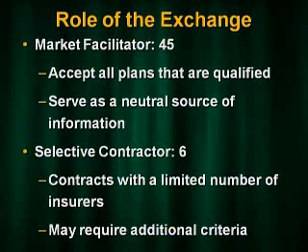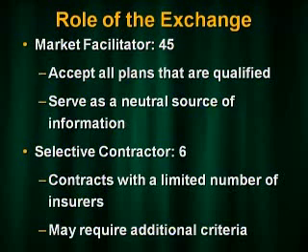So they're offering the essential benefits, they're meeting the definition of the benchmark in that particular state, and they've got adequate network access. And there, the exchange serves as a neutral source of information. You come to the exchange, they lay out what all your options are, and you decide. That 45 on the slide says that there are, in fact, 45 states that have chosen to take the market facilitator approach.